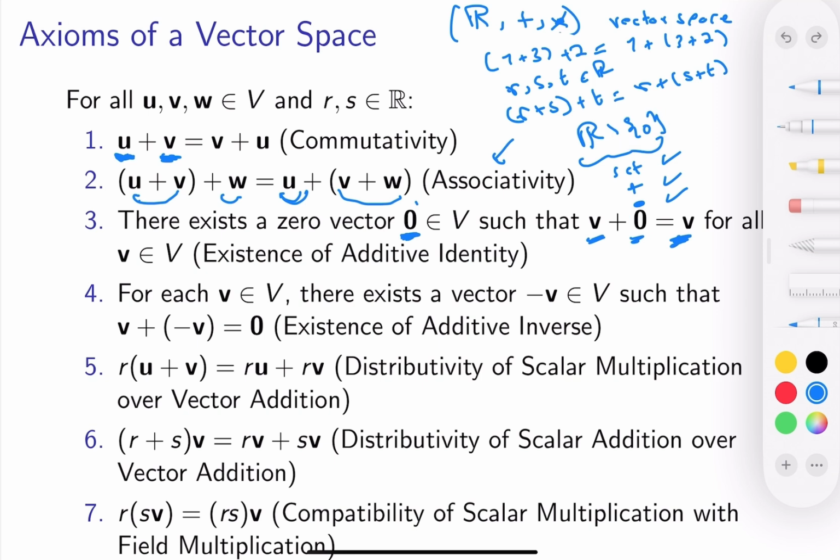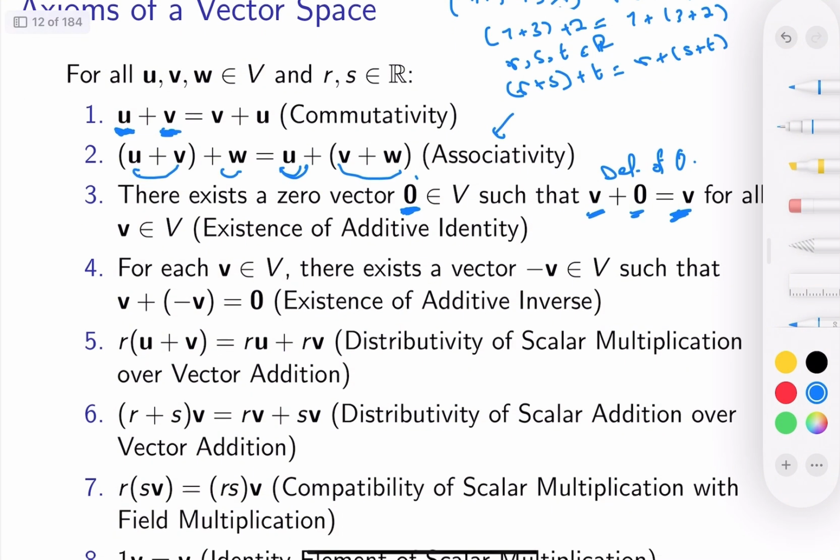So we require the vector space to have an element that, when added to any other vector, gives the vector back. This is more of a definition of what a zero is. When we abstract things, you will see the importance of this property.